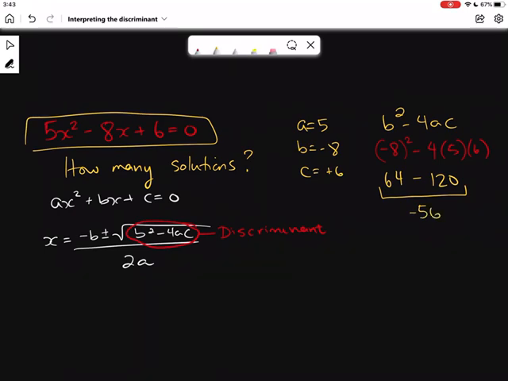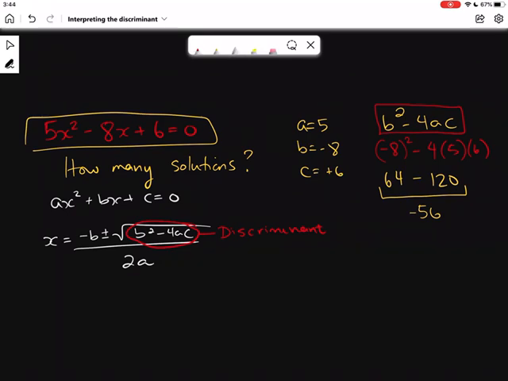If you notice, I didn't look at any other part of my quadratic formula. I was just focusing on the b squared minus 4ac, which is called the discriminant, and it is negative 56.